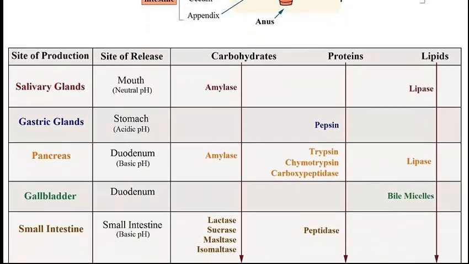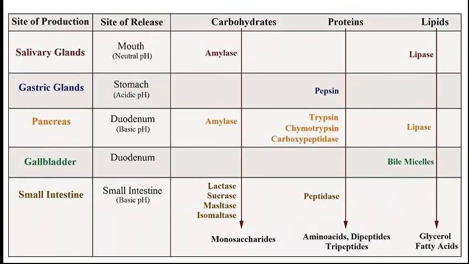Now here let's have a quick summary of enzymes that are being released by different glands or organs here in the digestive tract. So the first structure that we talked about was the salivary glands that are producing amylase, and their function was to break down carbohydrates into smaller molecules, like for instance glucose. We also discussed that the pancreas is also producing amylase. And then the small intestine can also produce enzymes that can help break down the carbohydrates.